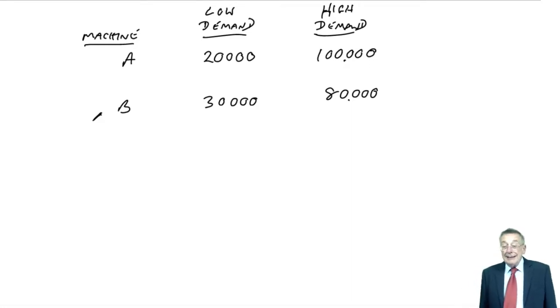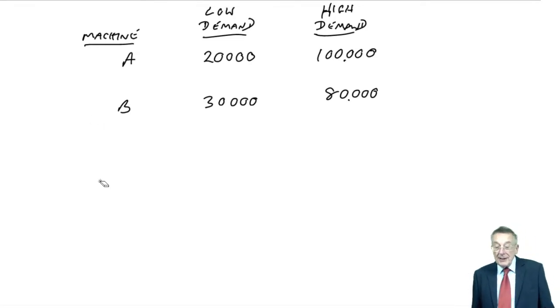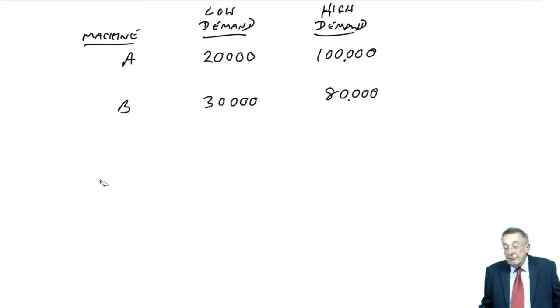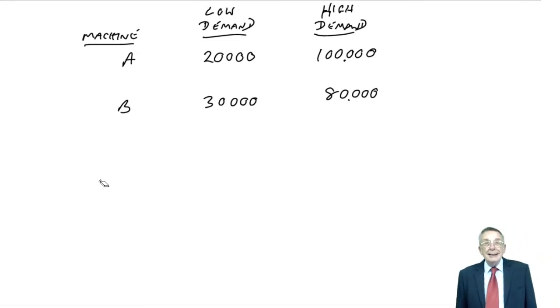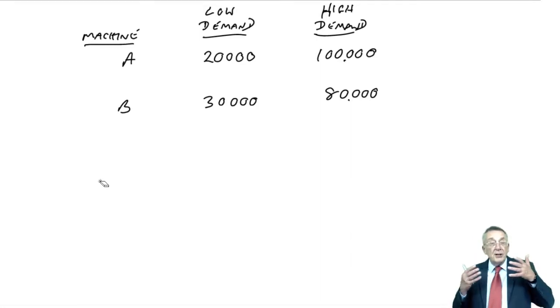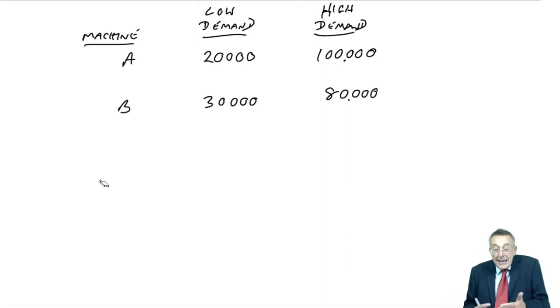On the other hand, especially if these were relatively small amounts, if these were just cents, I might say, I'll go for A. That gives me the chance of getting 100,000. I may only get 20, but no problem. Everybody's different. It all depends on your attitude to risk and the amount of money involved.